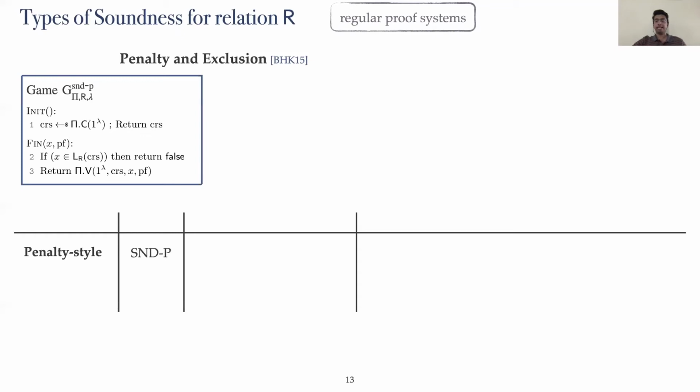The penalty style definition, which we denote by SNDP, makes no restrictions on the polynomial time adversary. Instead, it includes in its win condition a check of the language membership for the statement in the query, which is highlighted in blue. This prevents the adversary from winning using a query with a statement in the language.